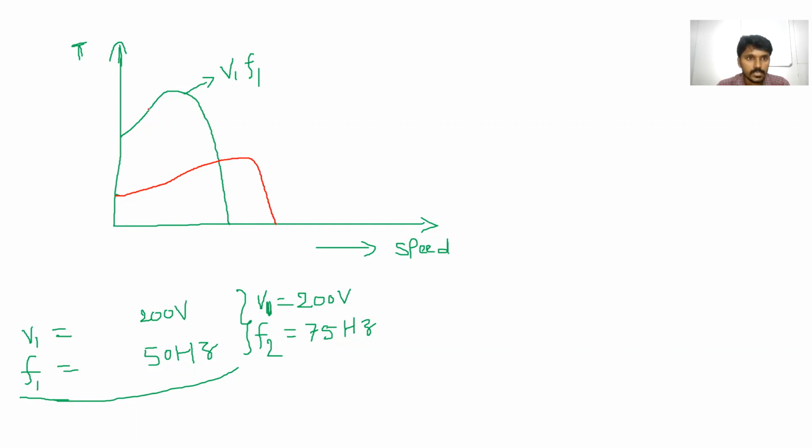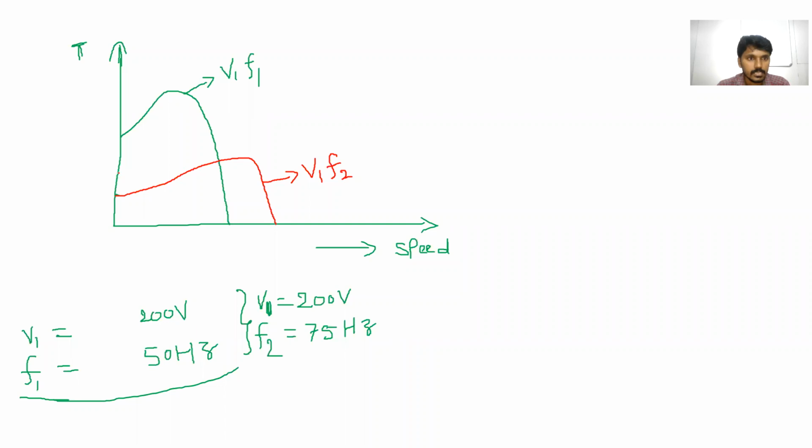So the magnitude of this torque decreases from this value to this value. This graph is at V1, F2. Clear? But still the speed increases, even though the frequency is increased, the speed increases.